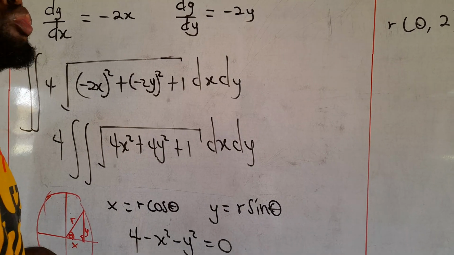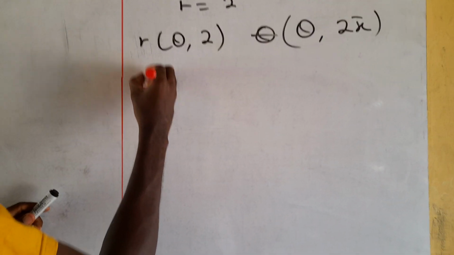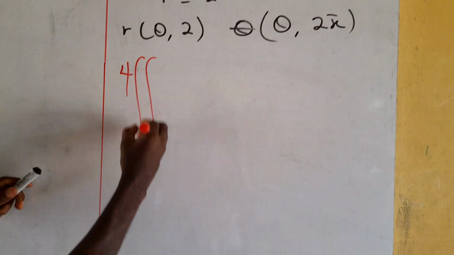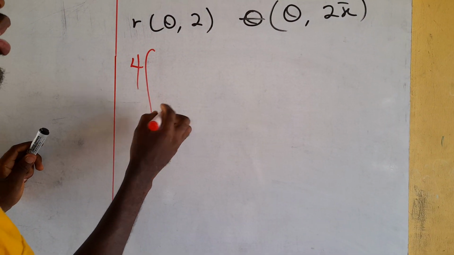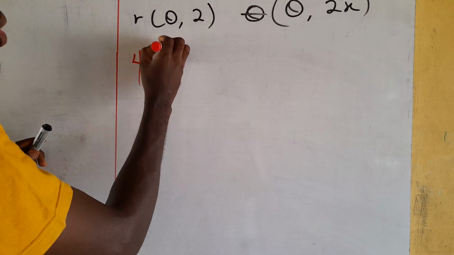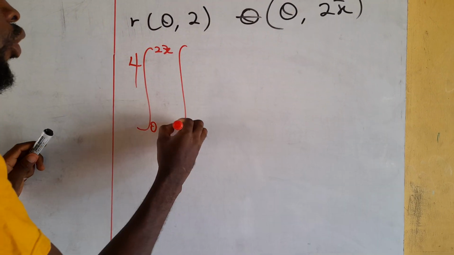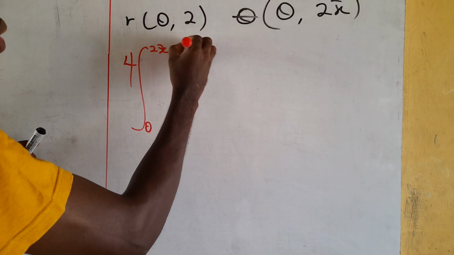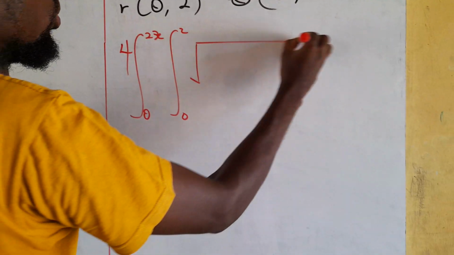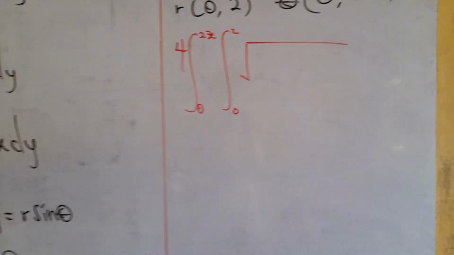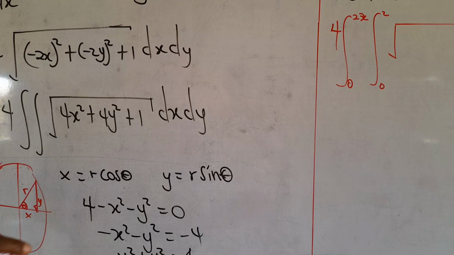So now we can substitute into our integration problem to switch from the normal integration that we know to polar integration. So in switching, for the double integral, let me substitute the limits at once: theta will be 0 to 2 pi, and the radius will be from 0 to 2. Then we'll have the square root of, in place of x, we substitute r cos theta, and in place of y, we substitute r sin theta.